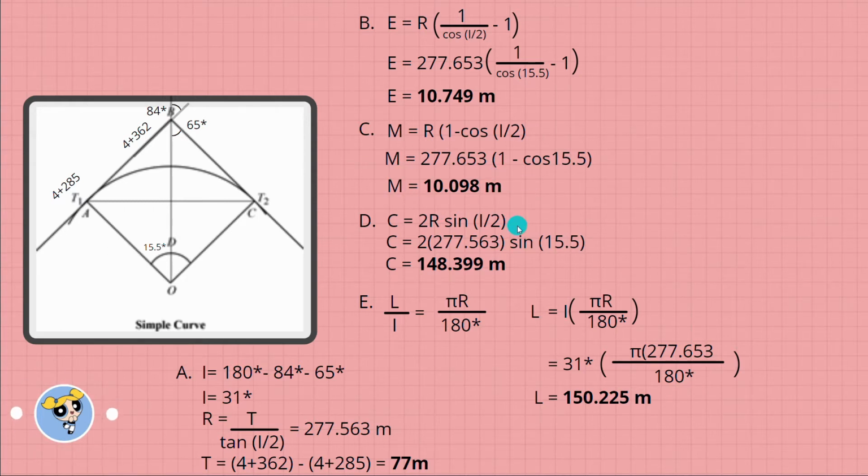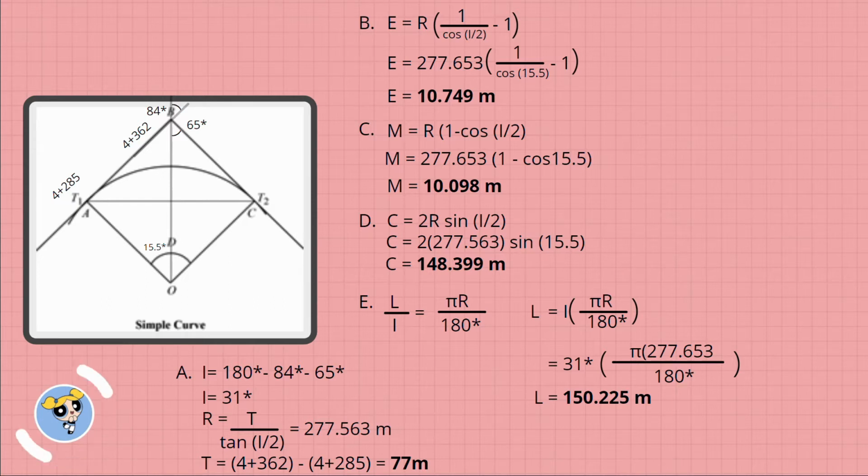For the chord distance, we have C is equal to 2R multiplied by sine of I over 2. So 2 multiplied by the radius, 277.563, multiplied by sine of 15.5, we get an answer of 148.399 meters.